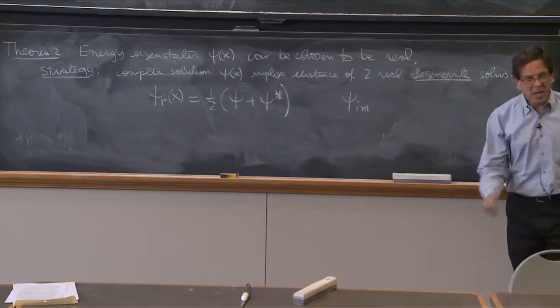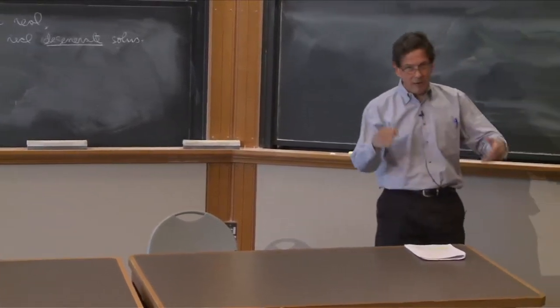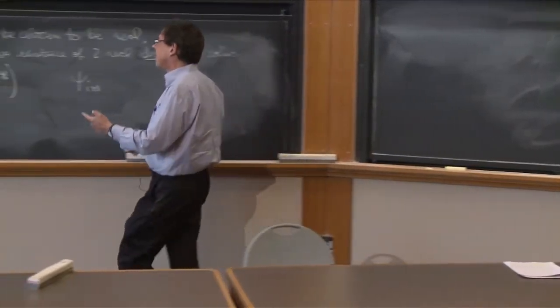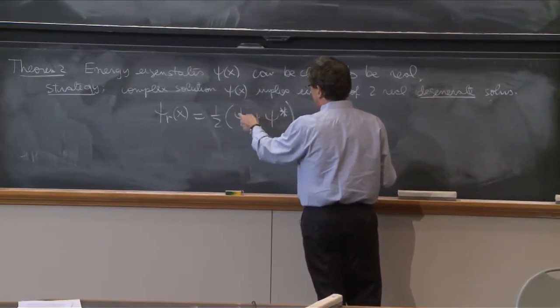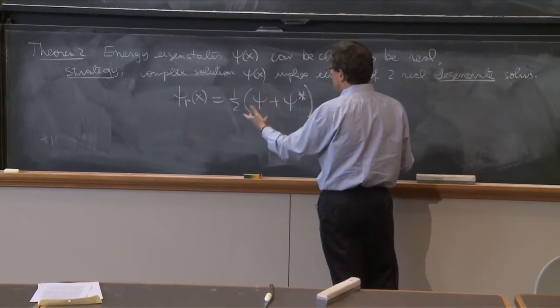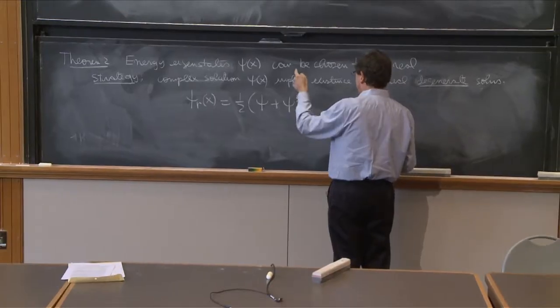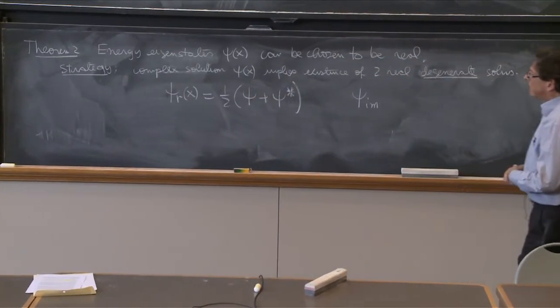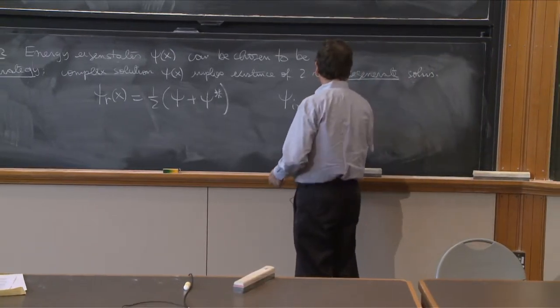You see, the real and imaginary parts of a complex number are real. So is the case here as well, that I can take psi and psi star that are different, and the sum is real by construction. You put a star, and recalling that star of star gives nothing, you see that this function is equal to its star, so it's real. So is this one.